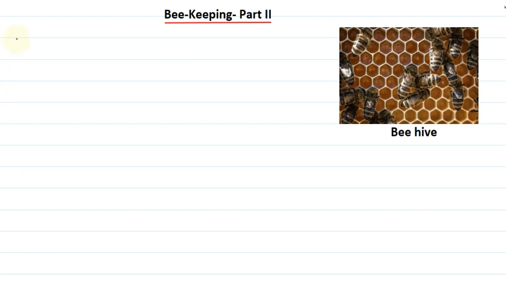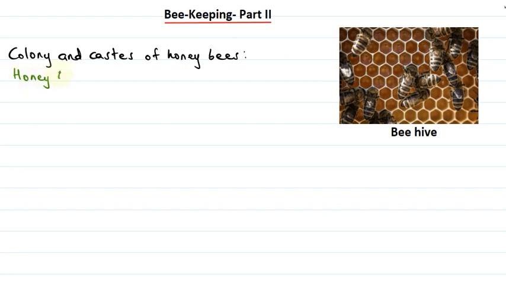Okay, so we'll start with the colony and castes of honeybees. This will be today's first topic of discussion under beekeeping. We already know that the honeybee is a social insect.